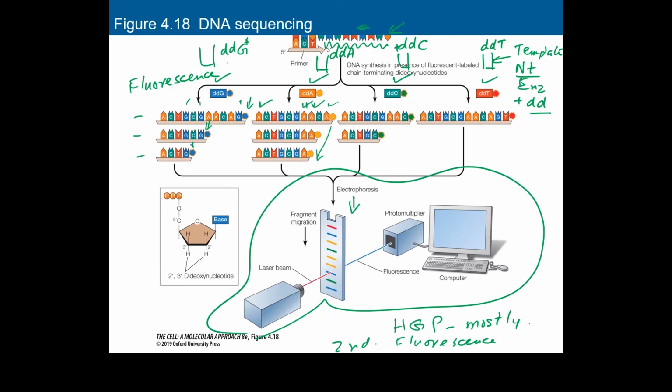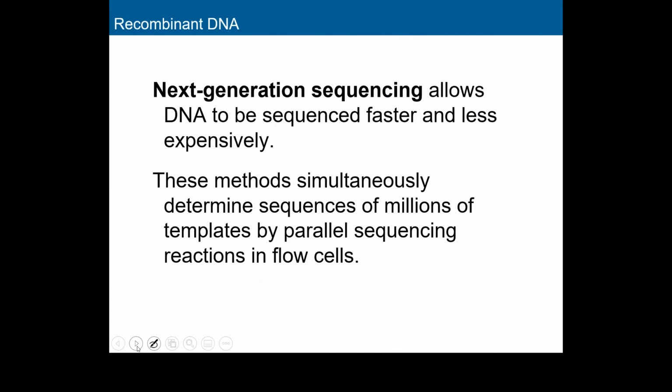Fortunately, that technique changed later on with fully automated DNA sequencing that got the job done, which is next generation sequencing. Next generation sequencing is much more robust and completely hands-off, and it produces a huge amount of data.